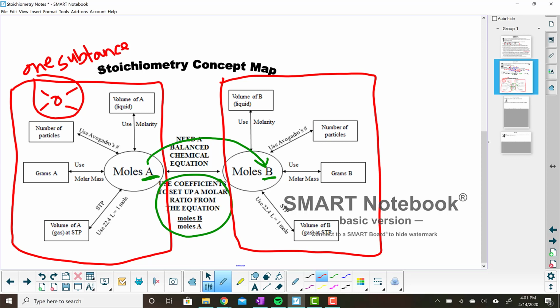Moles to volume, moles to particles, moles to grams. But I've got this extra step in the middle that allows me to change substances. Right? If you're changing the substance, then you have to use that mole ratio. And you have to use the mole ratio if you want to change or convert between substances.